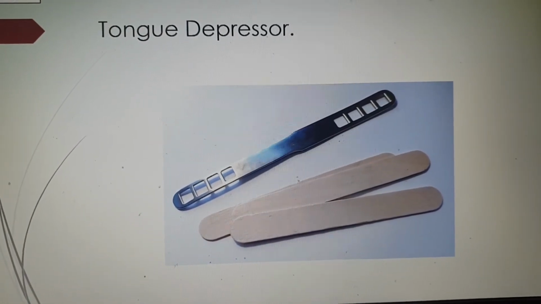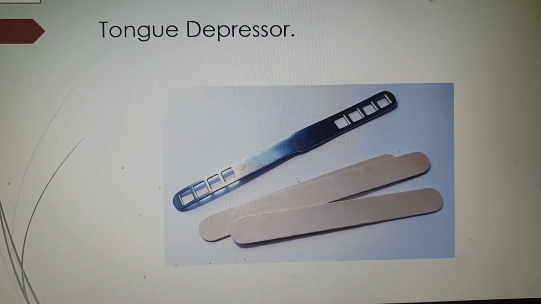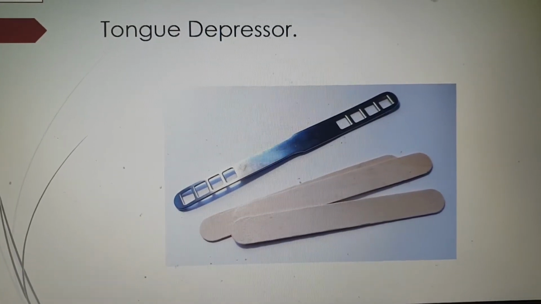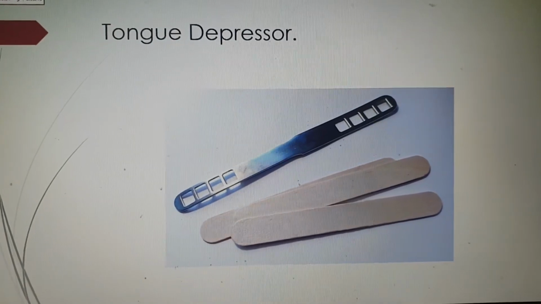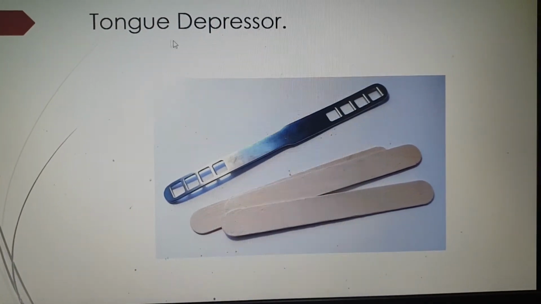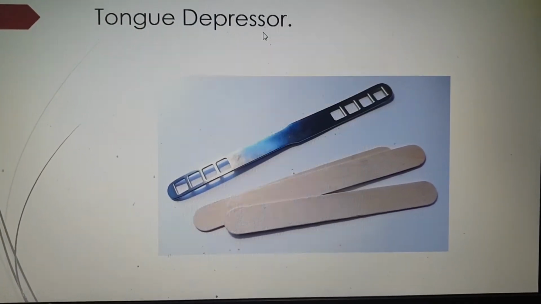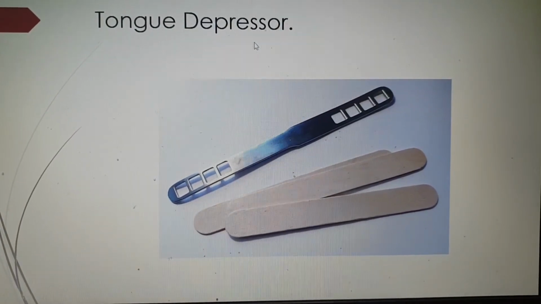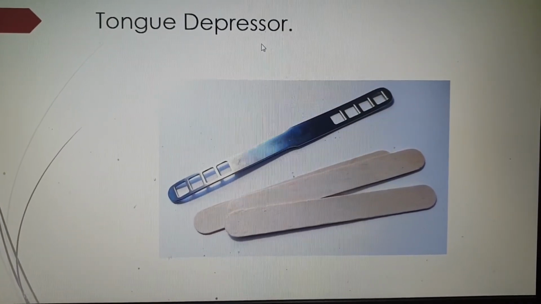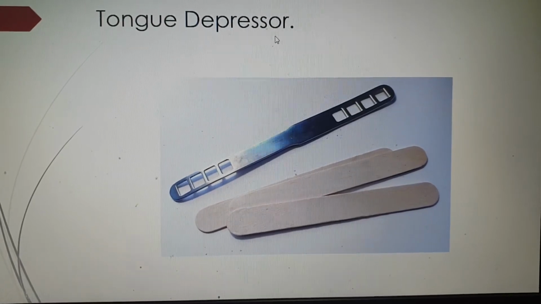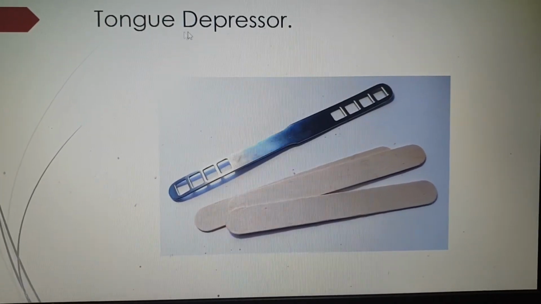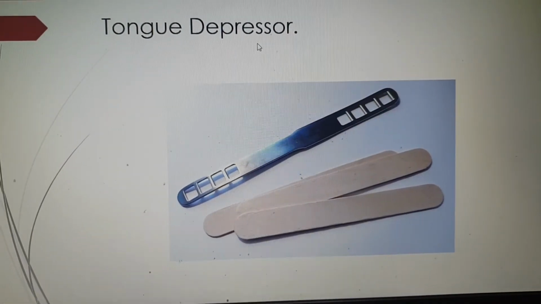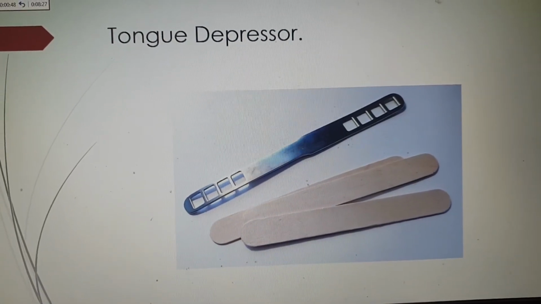They'll tell you to open your mouth, and they'll put it down there to press your tongue so they can see clearly, right? So this is called a tongue depressor. Repeat after me. Tongue depressor. Again, tongue depressor.